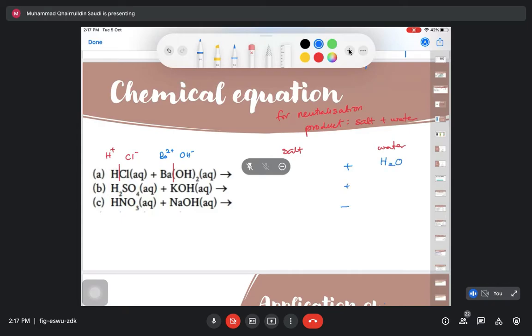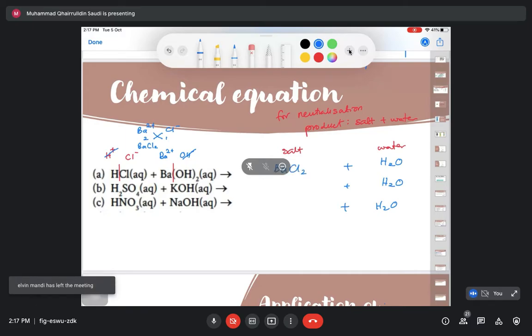For our salt, it is basically what is beside the hydrogen and hydroxide ions. So we just add those two. 2, 1, BaCl2. So this is our chemical formula for our salt.